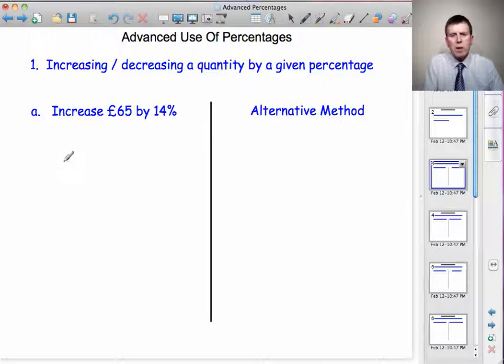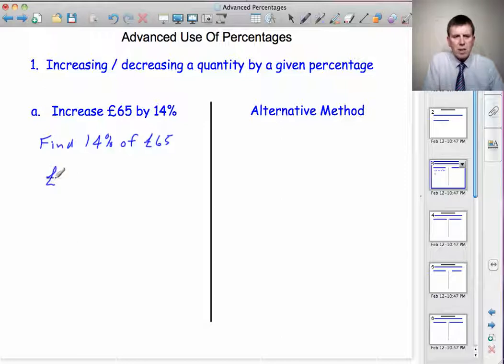Increase £65 by 14%. What we did, we started by finding 14% of £65. And to do that, we multiply £65 by 0.14.